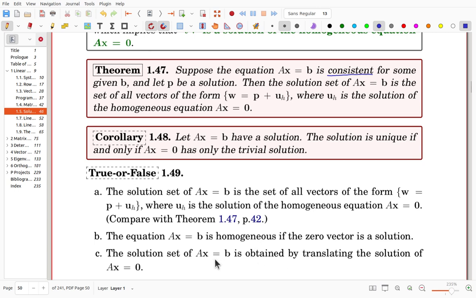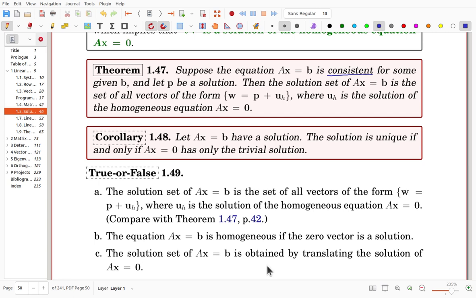The solution set of Ax equals b is obtained by translating the solution of Ax equals 0. Is it true? Again, it is not true.